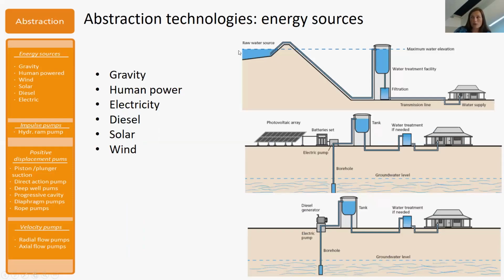Of course, if there's a possibility of using gravity, this is usually the simplest and easiest way of delivering water, but this is usually possible only in hilly areas where there are, for example, natural springs or water reservoirs already in place. Other typical ways of delivering pumped water are using diesel generators or power supply from a grid, where available.